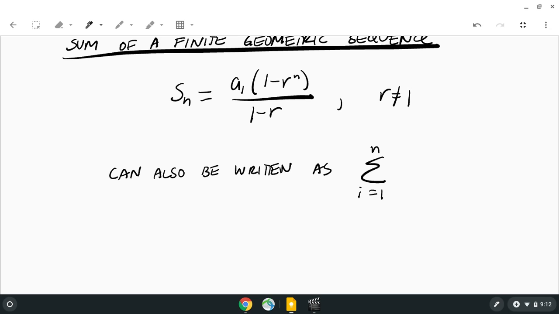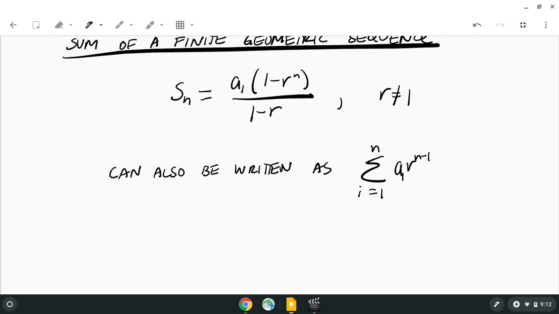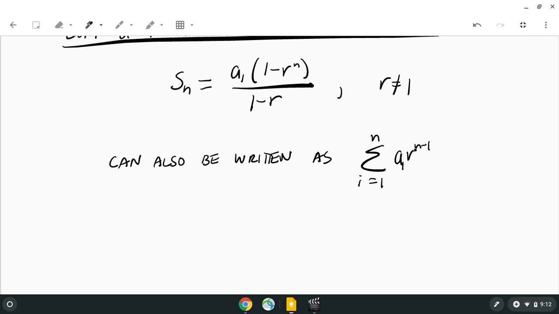Then over here you'll have your geometric sequence function, a1 times r to the n minus 1. So if you see it written like this, you can still use that formula.